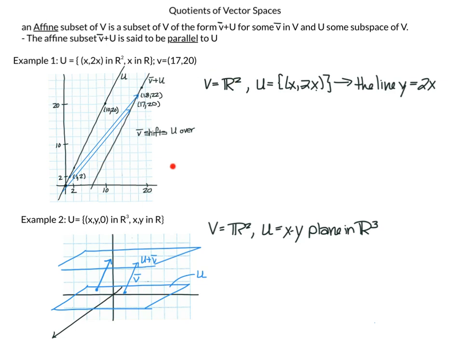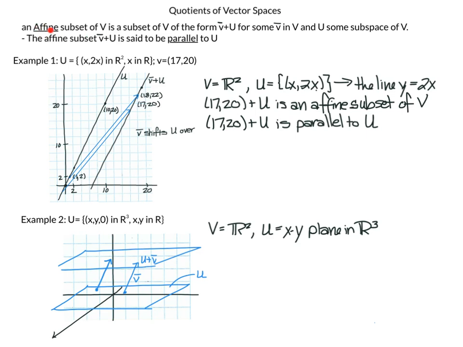First, looking at our line U, to illustrate the idea of affine, (1, 720) plus U is one of the affine subsets of V. And (1, 7) plus U is also parallel to U because it's shifted over by the same amount. (10, 20) plus U is also an affine subset of V. Any vector from V plus U is going to be an affine subset of V.